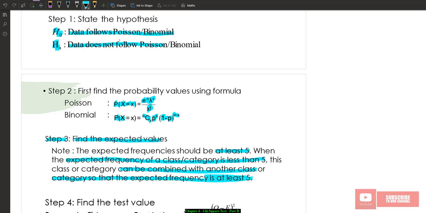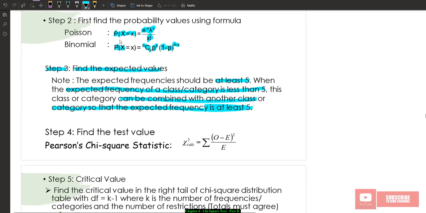This is the condition that we already agreed on from the previous class. When the expected frequency is less than 5, we cannot proceed with the Pearson chi-squared test. If the expected frequency is more than 5, then we can proceed with the Pearson chi-squared test.